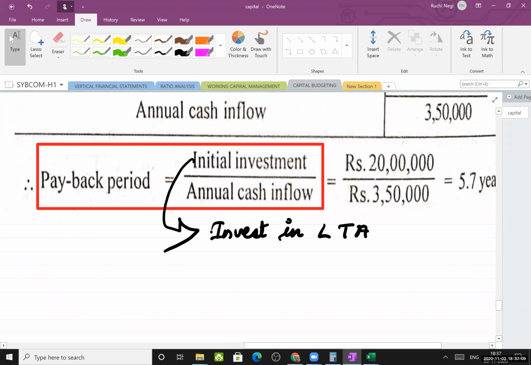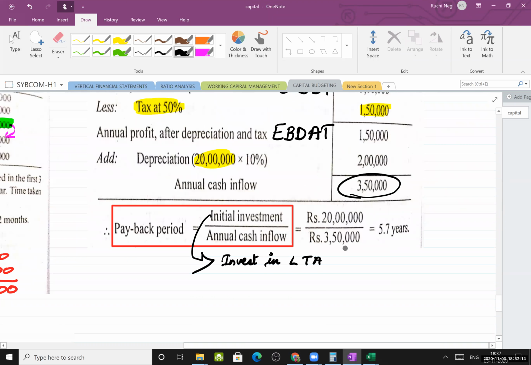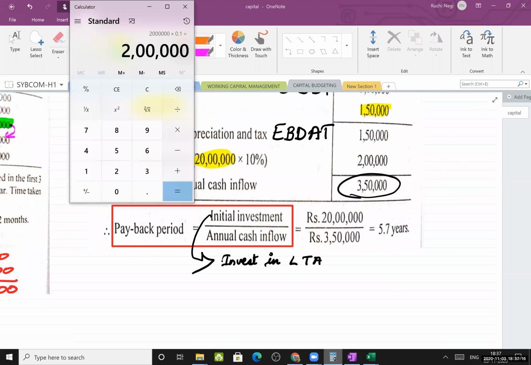ठीक है, and annual cash inflow मिला 3,50,000. So 20 lakhs divided by 3,50,000. Okay, so 5 years around 7 months, 5.7.